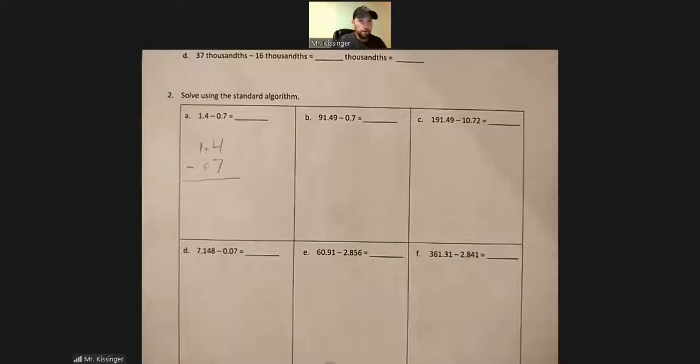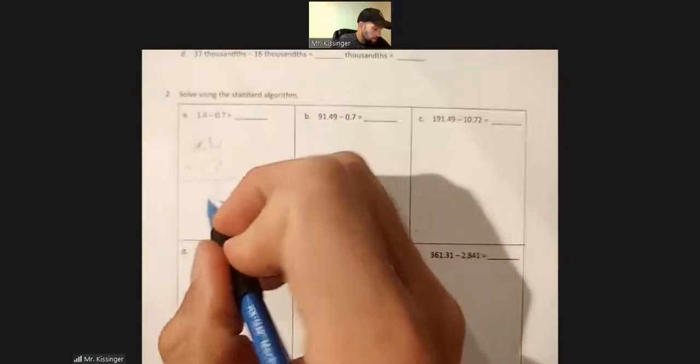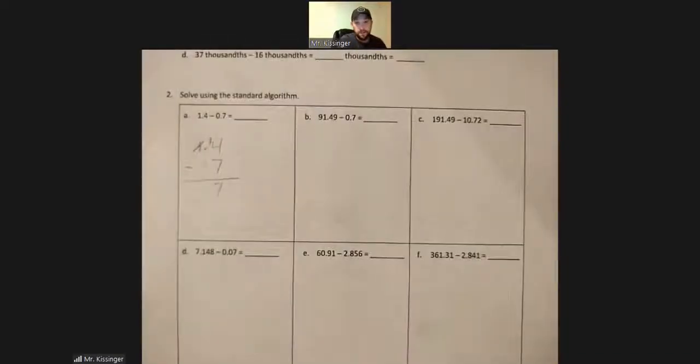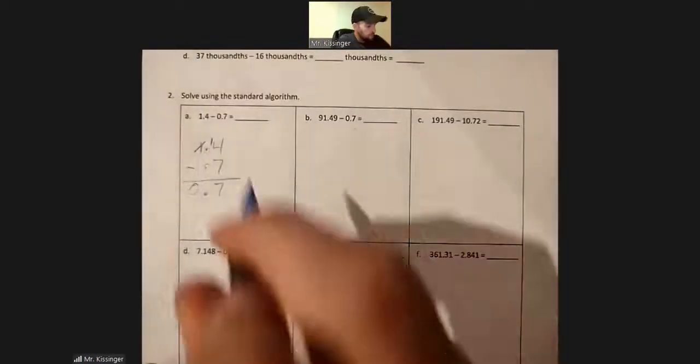So what we're going to do is borrow from our 1. It'll be 14 minus 7, 14 tenths minus 7 tenths, and that's going to give us 7. But we're not done yet. 1.4 minus 0.7 is not 7. We need to bring our decimal point down, and it gives us 0.7, 7 tenths.